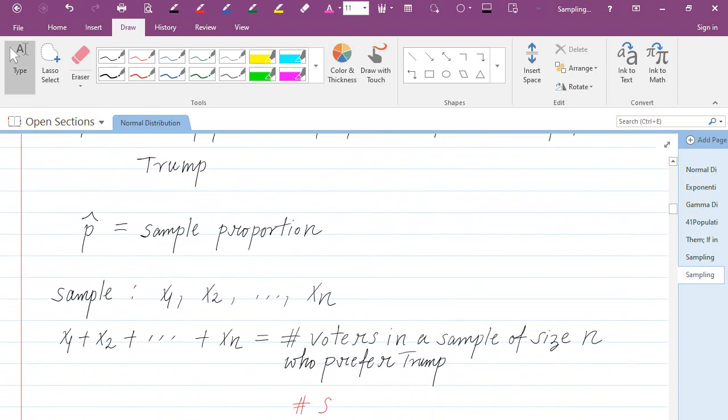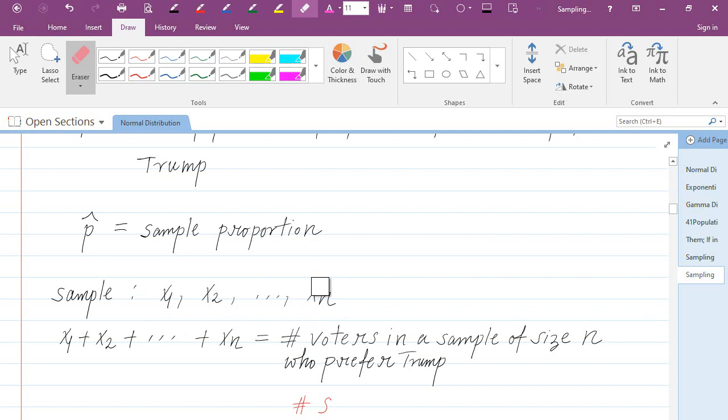The way we're going to interpret them is that x1 is the measurement of x for the first voter in the sample, x2 is the measurement of x for the second voter in the sample, and xn is the measurement of x for the nth voter in the sample. So we have a sample of size n, and notice that the values of x1, x2 up to xn will change when we change our sample.